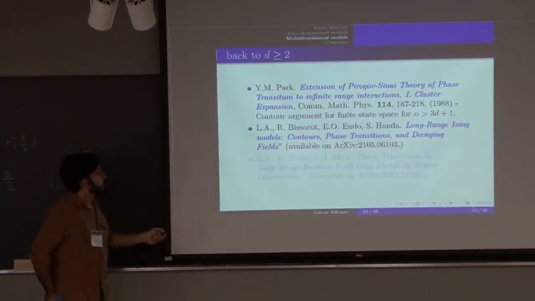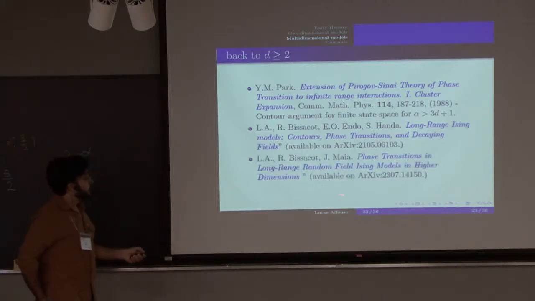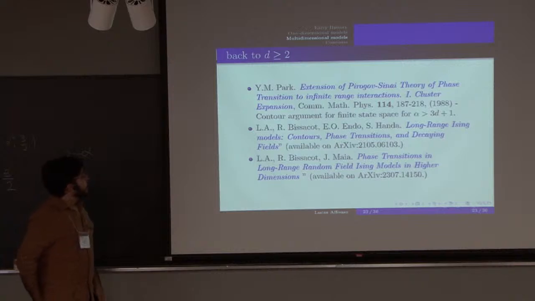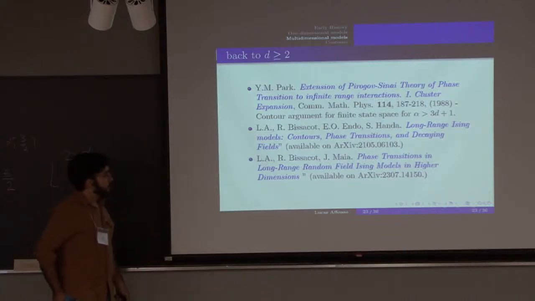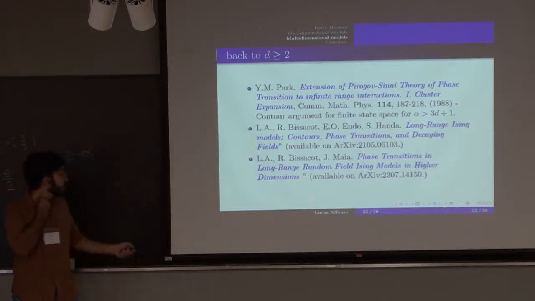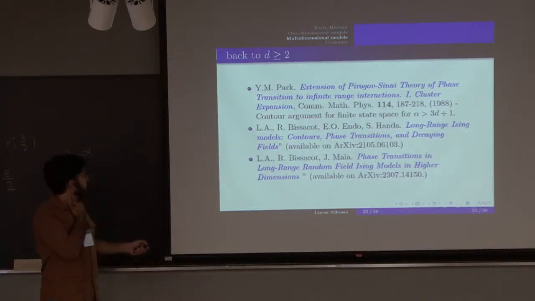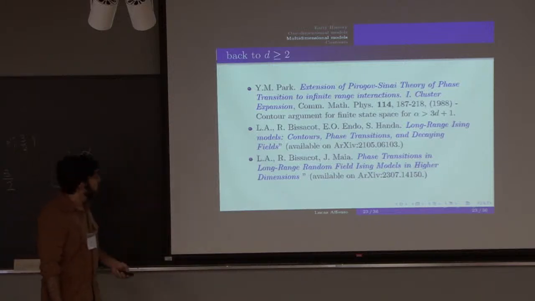So this is why we were interested in this problem. And also now we have this preprint by Rodrigo Sacco, João Maia, and myself, where we studied the problem of phase transition for the long-range Ising model, but with a random field. Here we have the dimension larger than or equal to 3, and this will be part of João's talk at his PhD defense on Wednesday.